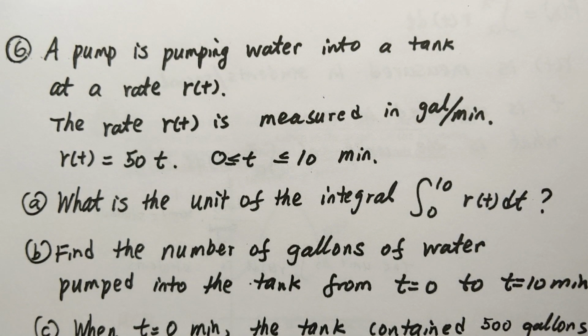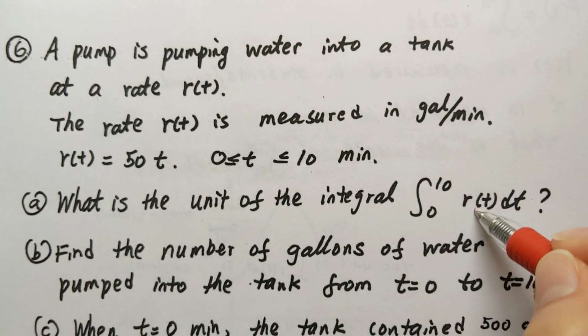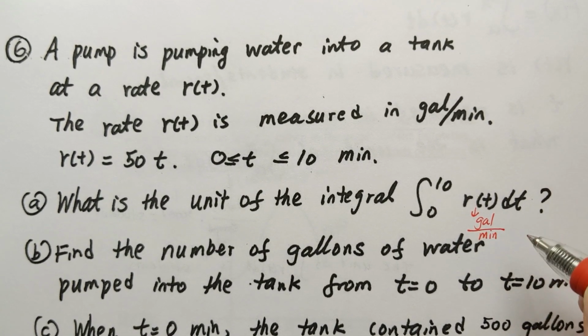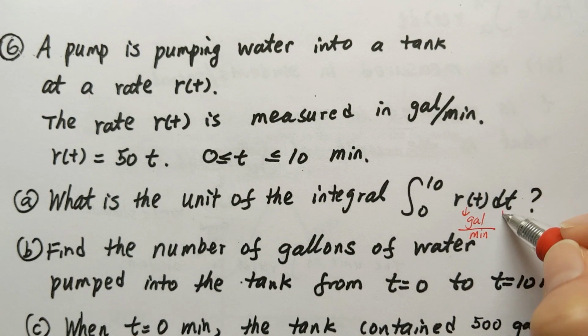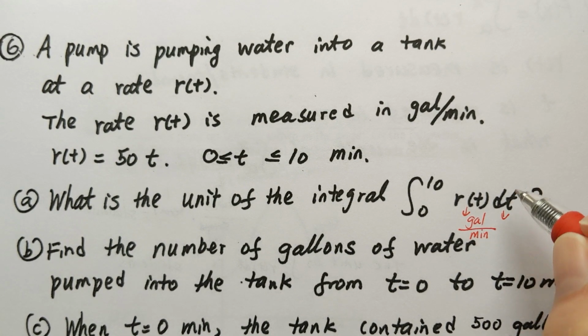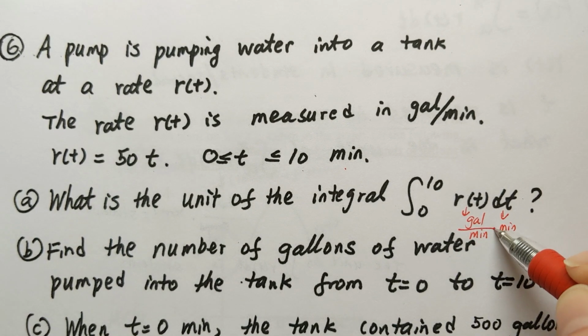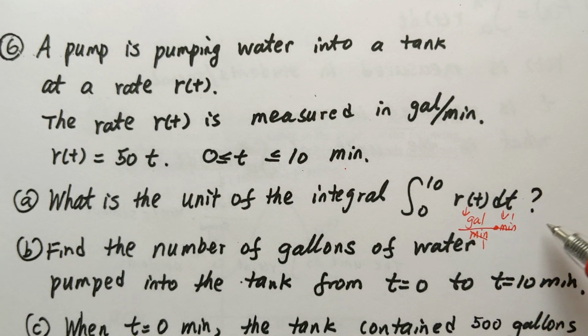So how do we solve this problem? We are going to look at the unit of R of t, which is gallons per minute. And what's the unit for the time? Definitely it's minutes. And then we multiply and simplify.